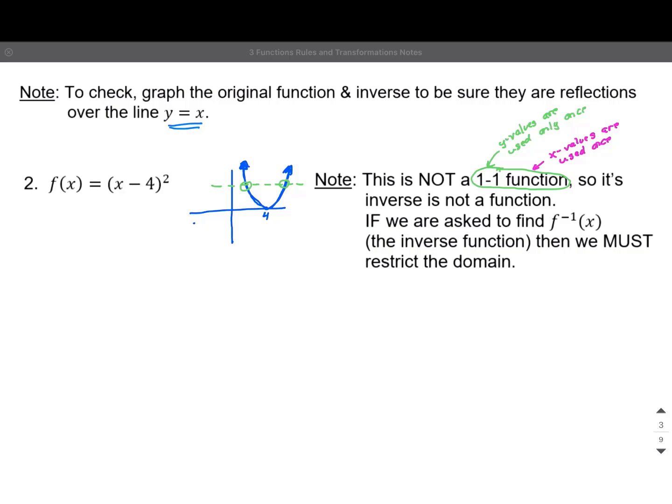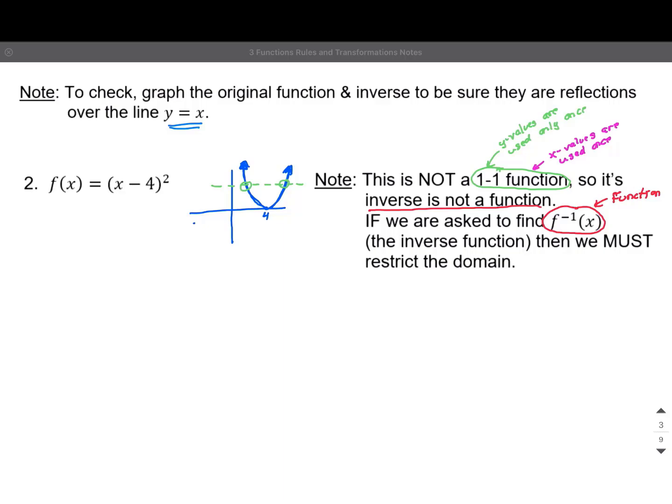Now, when I find the inverse, those y values become the x values. And now the x values in the inverse are used more than once, and that means the inverse is not a function. However, if we are asked to find f inverse of x, that is function notation, which means we have to have a function.